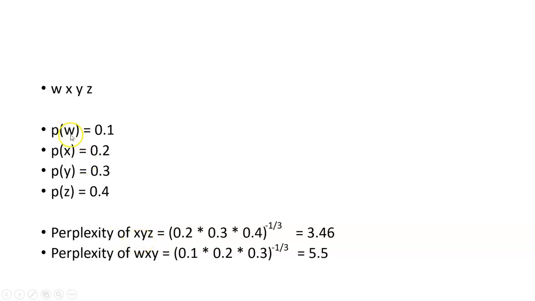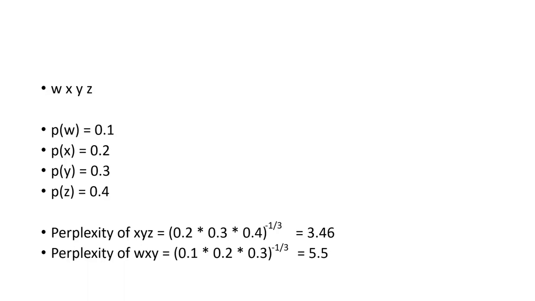For this particular character, the probability is 0.1. Suppose WXY is there in this scenario, what is the perplexity score? And in this scenario, we are looking at XYZ. So for XYZ, you will multiply 0.2 into 0.3 into 0.4 raised to the power minus 1/3. Why are we doing that?